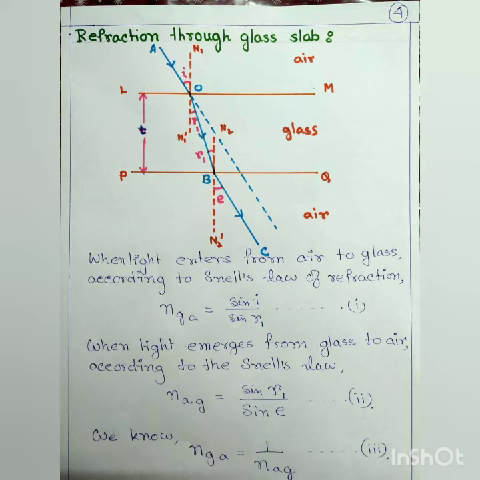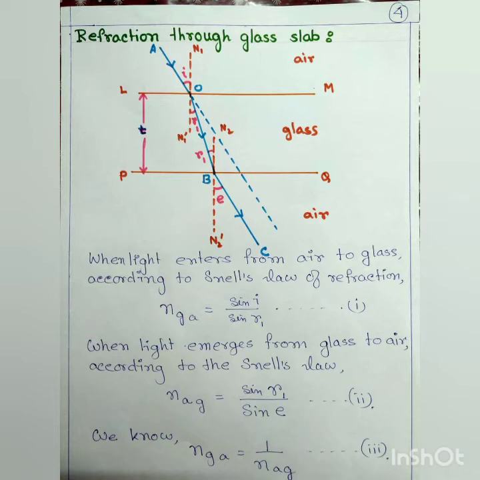Now, when light enters from air to glass, according to Snell's law, the refractive index of glass with respect to air, NGA, is equal to sin I by sin R1, that is equation 1.